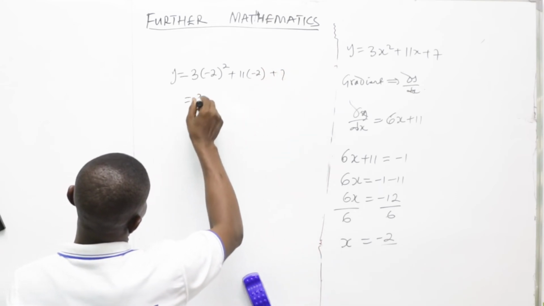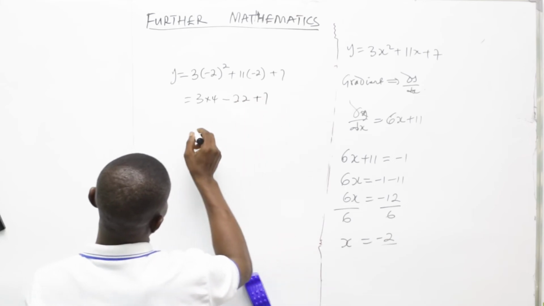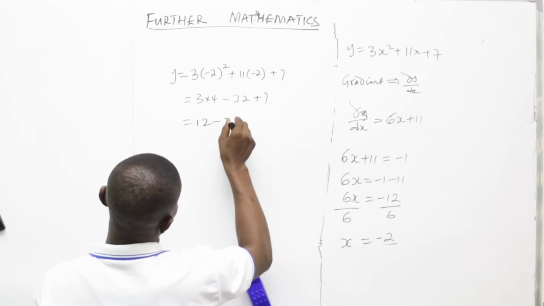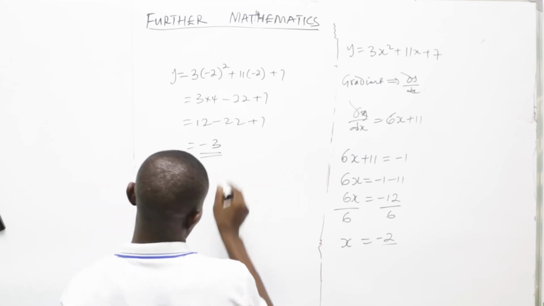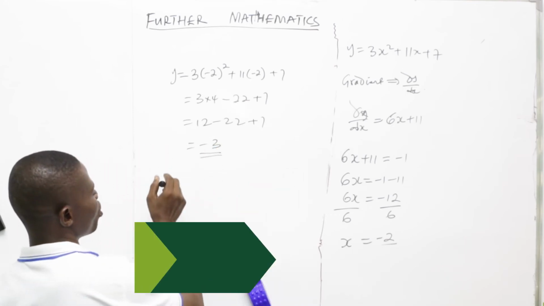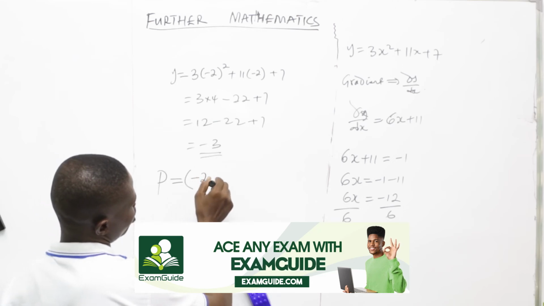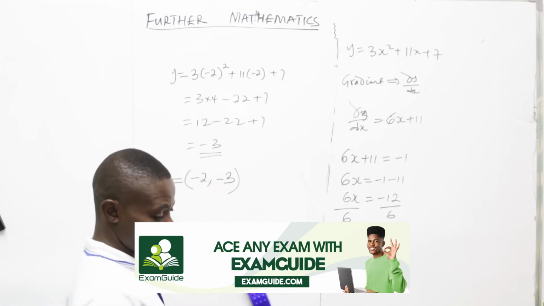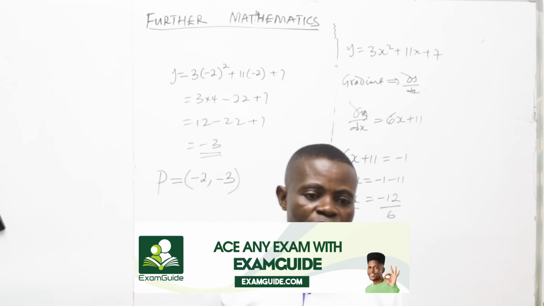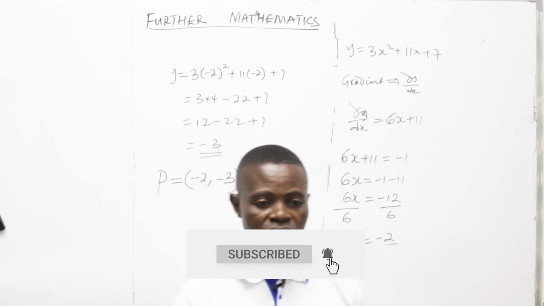So that is 3 times 4 minus 22 plus 7, which gives us 12 minus 22 plus 7, to give us minus 3. Hence, the coordinate of the point P equals what? Minus 2, minus 3. This is the coordinate of the point P, minus 2, minus 3.